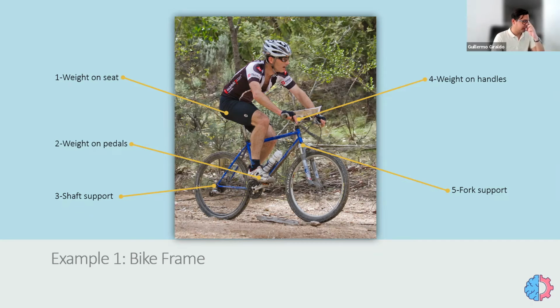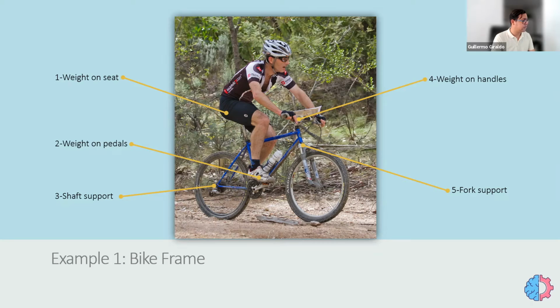This is a picture of the bike under operation, right? It's a mountain bike. We have the rider. So what are the surroundings of our bike? And of course, our target component is the frame of the bike. We can see that the bike assembly is running on the ground, right?